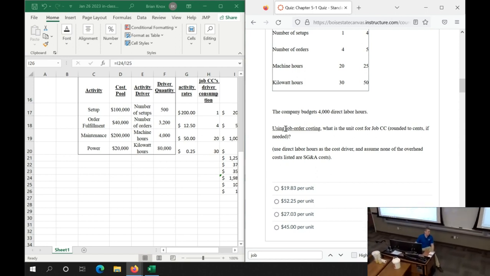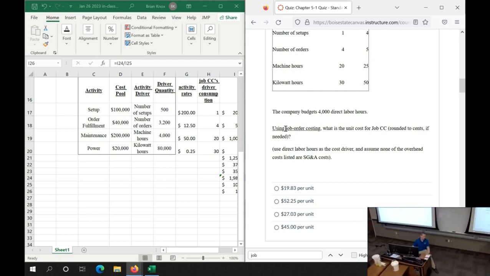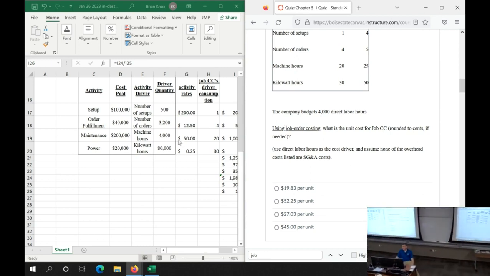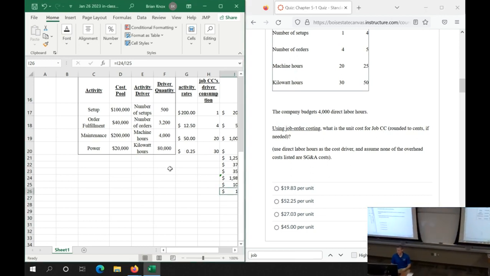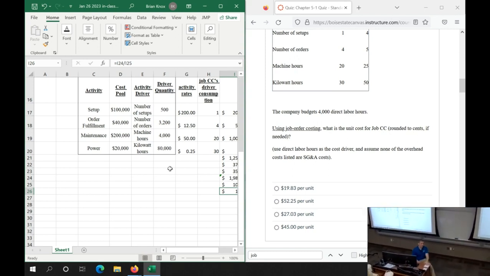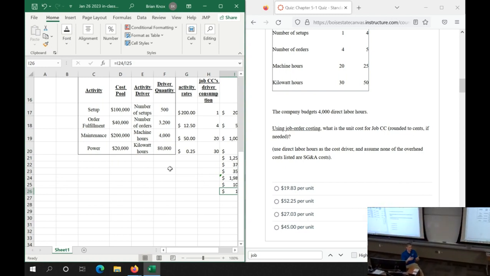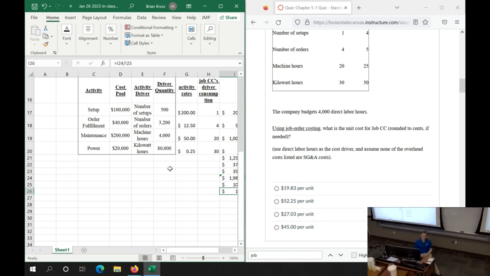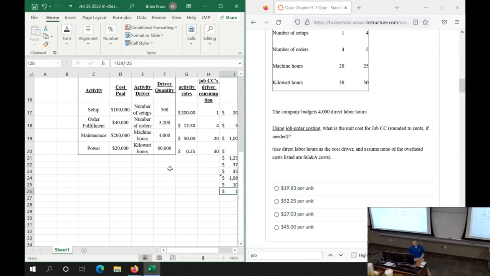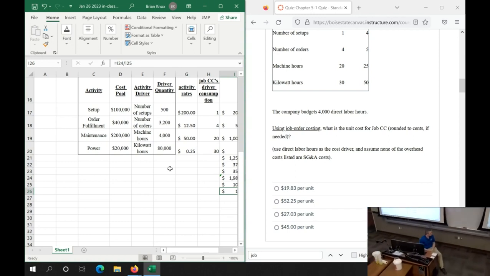I'll put the almost in there, but it's hard to think of a reason why it wouldn't be as accurate. Yeah, that's a pretty huge difference. You've got a lot of overhead costs that we're pushing onto job CC, that's going to make it look very unprofitable with job order costing. And with ABC, we're realizing it's not consuming nearly as much overhead, and so we might accept the job instead of reject the job. For example, a very profitable job under this. Yeah, it's a big difference.